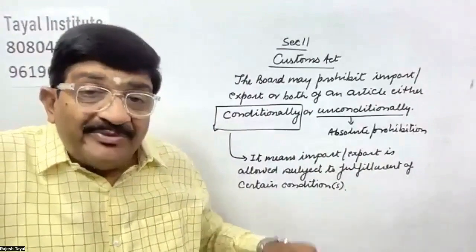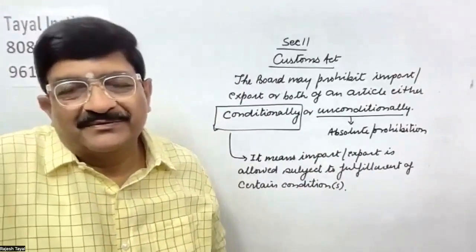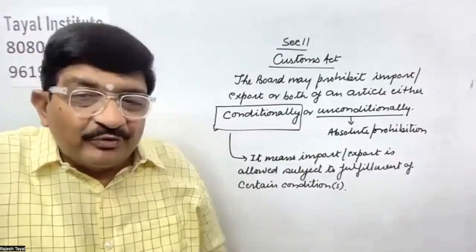So if the prohibition is conditional and if a condition is fulfilled, then what happens?